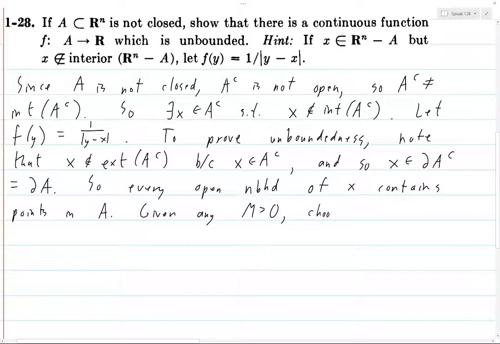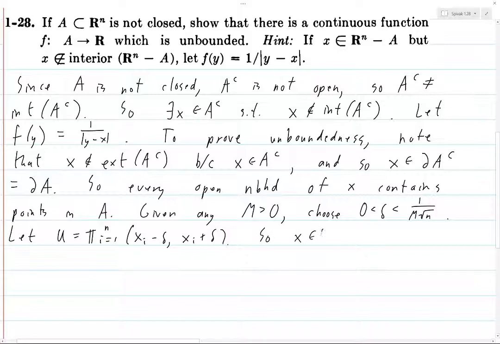So we want to choose delta to be a positive number which is less than 1 over m times the square root of n, because A is a subset of Rn. Let U be the direct product of the intervals (xi minus delta, xi plus delta).